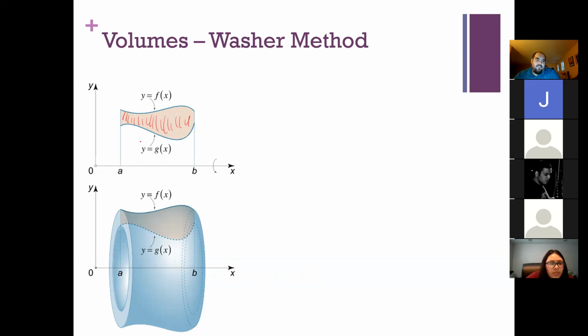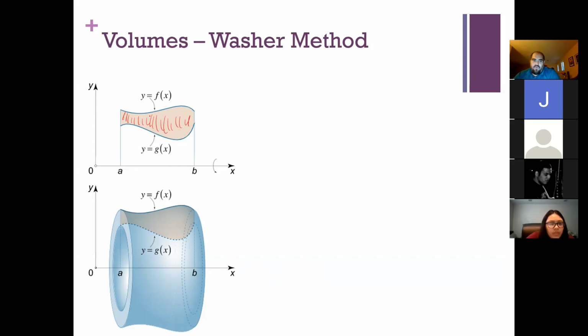So these cylinders we're making, and remember, the way we handle volume is always an accumulation of these little cylinders. These cylinders are, however, going to be hollow.